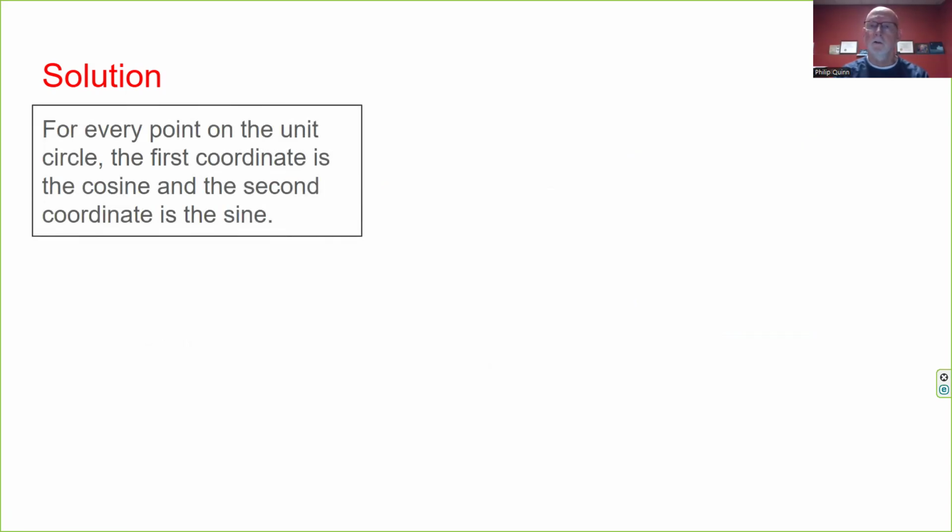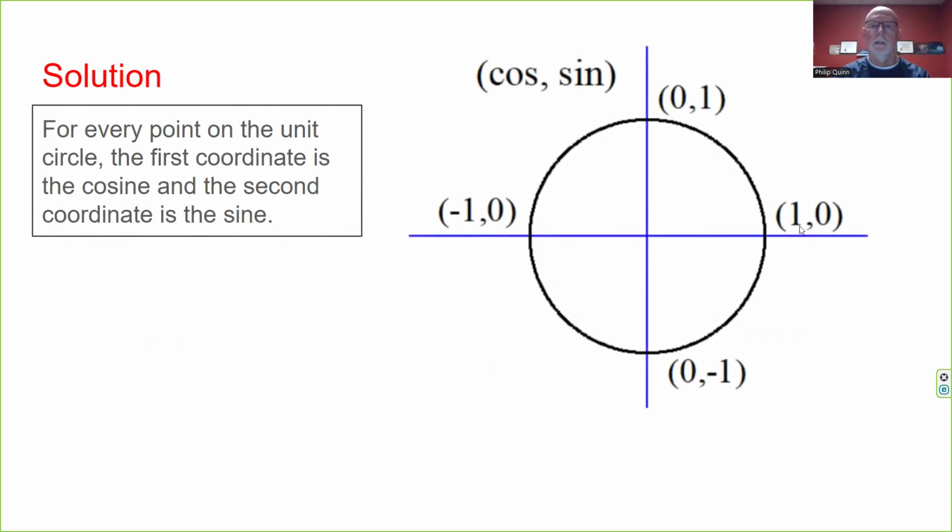I like the unit circle for these ones. Anytime we have ratios of 1, -1, or 0, I think this is really handy. So for every point on the unit circle, just remember, first coordinate is the cosine, and the second coordinate is the sine. So here are the points on the axes in the unit circle.